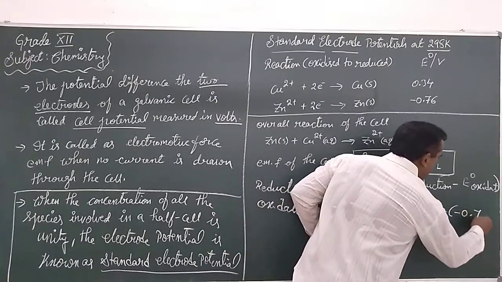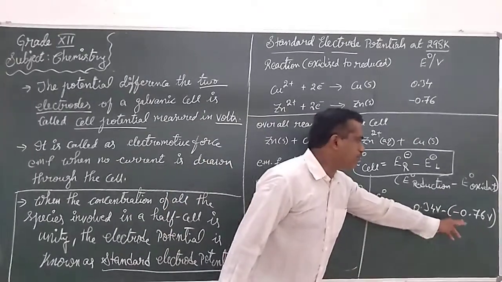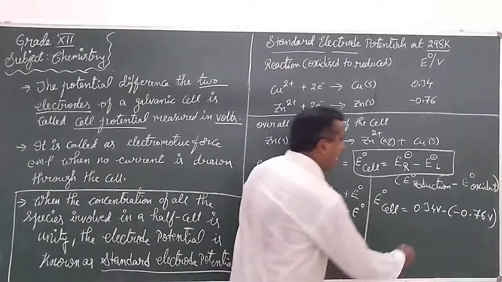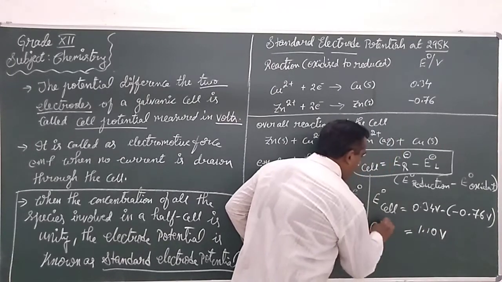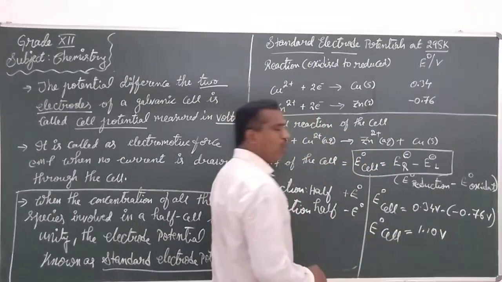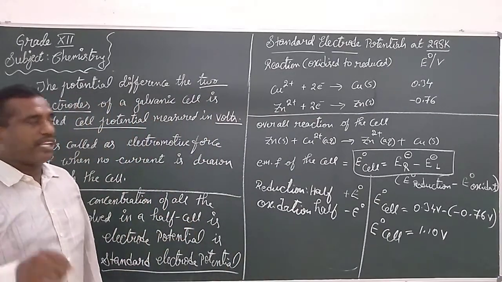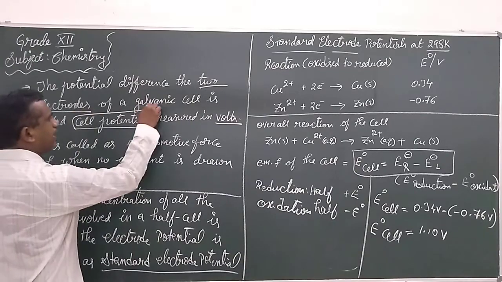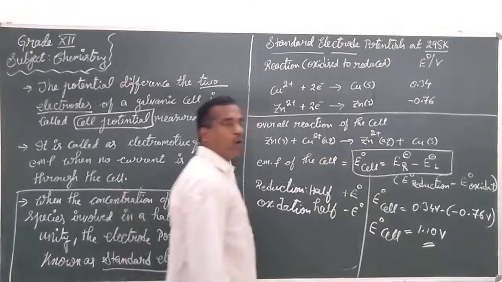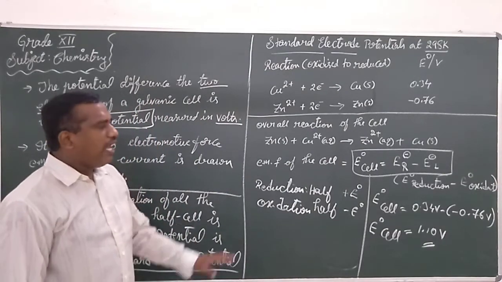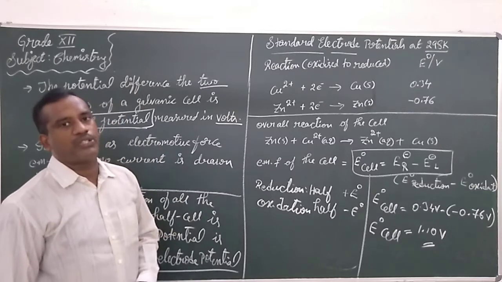So minus minus 0.76 volts. So minus into minus, we can add this to give 1.10 volts. So the overall electrode potential, that is the cell potential, in this case, how much did we get? 1.10 volts. This is the fundamental that we will learn in electrochemistry.